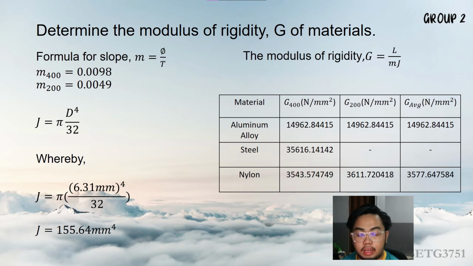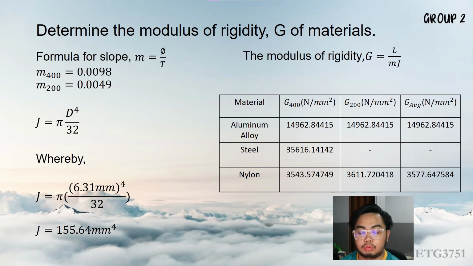Then we have to calculate the polar moment of inertia, which is pi d to the power 4 over 32. After calculating, we found that J equals 155.64 millimeter to the power of 4. And then we also know that the modulus of rigidity has a formula of G equals L over mJ.